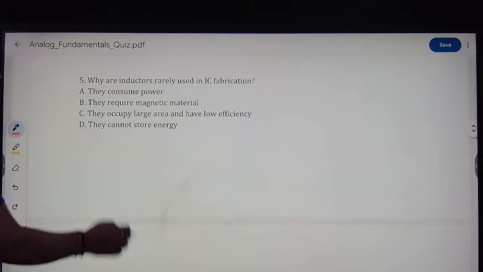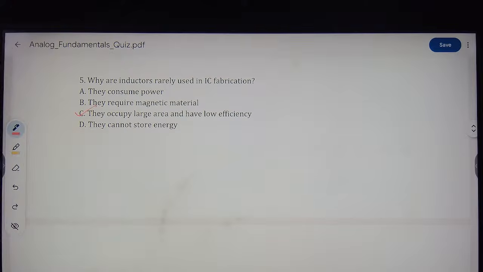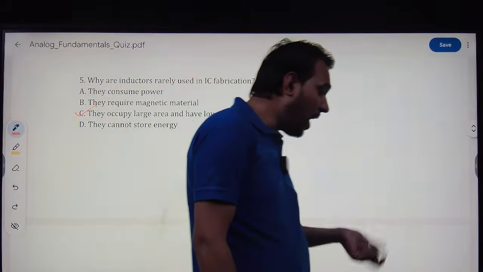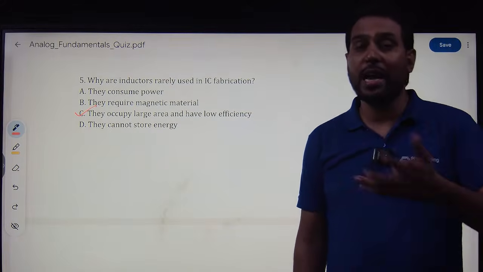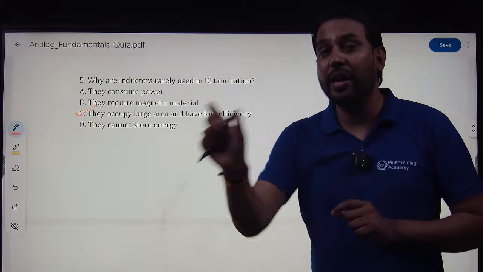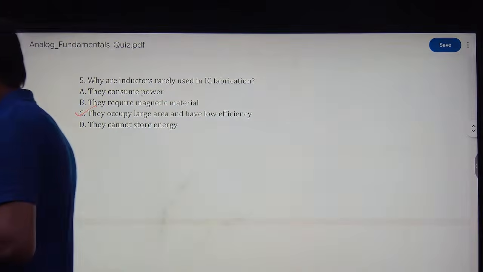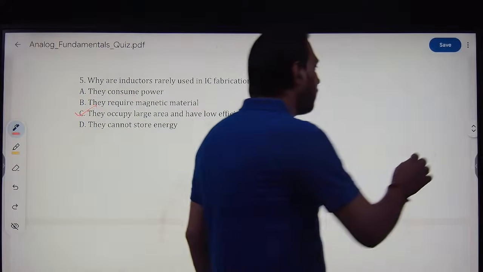So they occupy large area and have low efficiency. Whenever there is a requirement for an inductor, you can use an op-amp to design it in this way. But we are not implementing inductors like capacitors or resistors. So this was your fifth question.